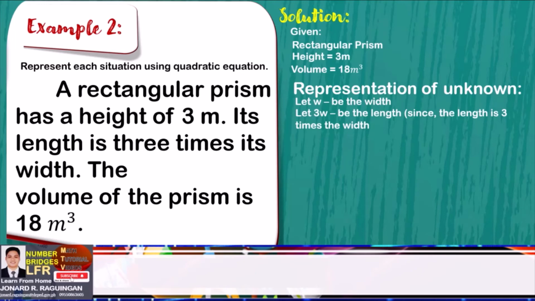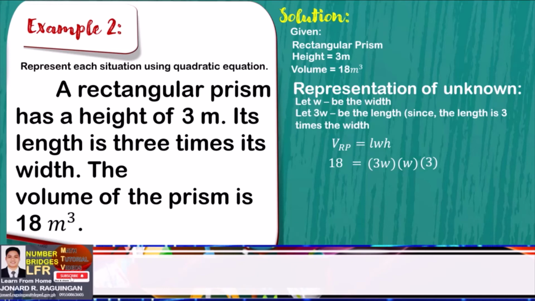And the formula that we are going to use in computing the volume of a rectangular prism is length times the width times the height. Substituting the values of the variable from the given, its volume is 18 cubic meter is equal to the length is 3W times the width times the height, which is 3.